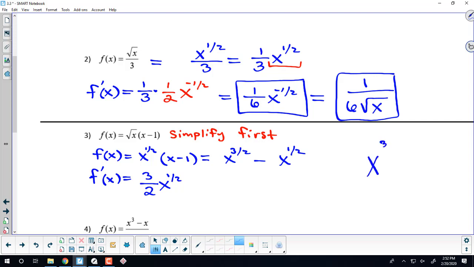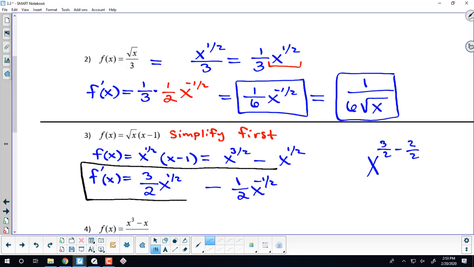So we have x to the 1/2, okay. Minus the derivative of x to the 1/2. Well, I guess we already did that above. 1/2 x to the negative 1/2. So that's pretty much it. We'll call it good with that.